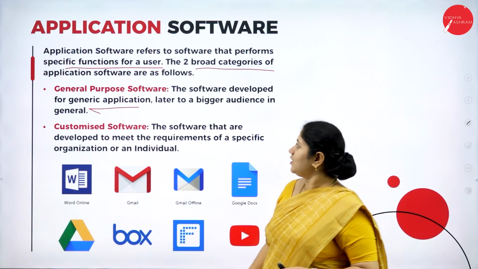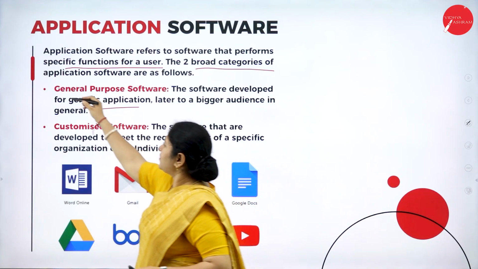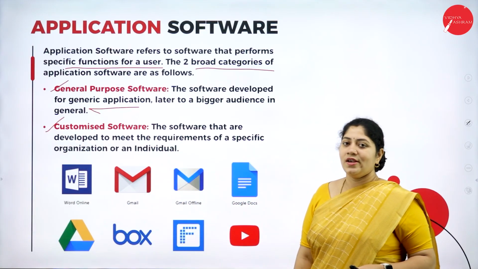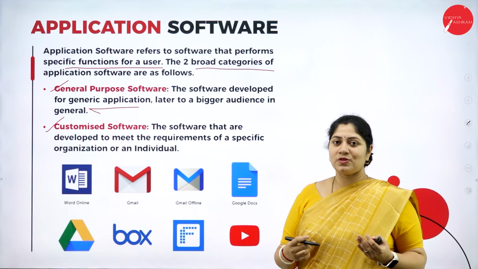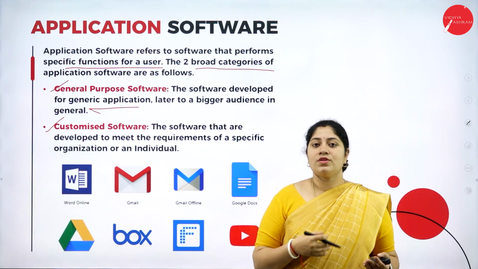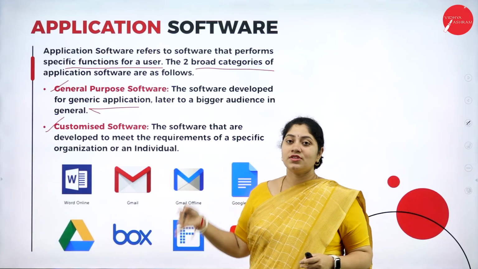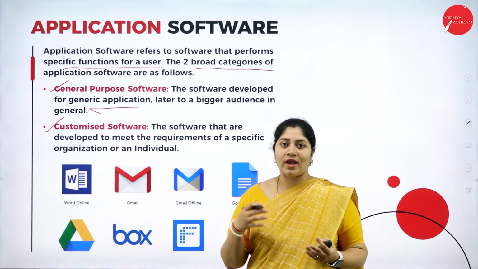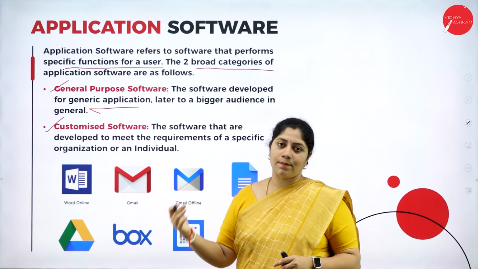The first one is general purpose software and the second one is customized software. As the name itself says, general purpose software: the apps, whatever you use, that are free or general purpose apps. The general purpose software is a software which is developed for generic applications.